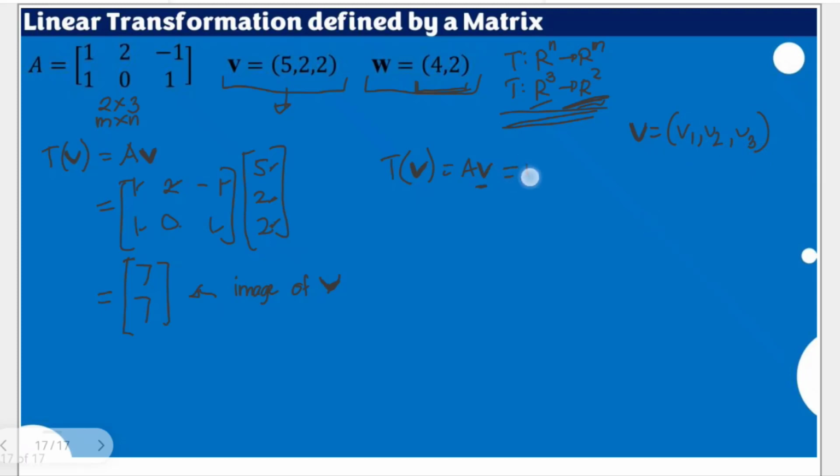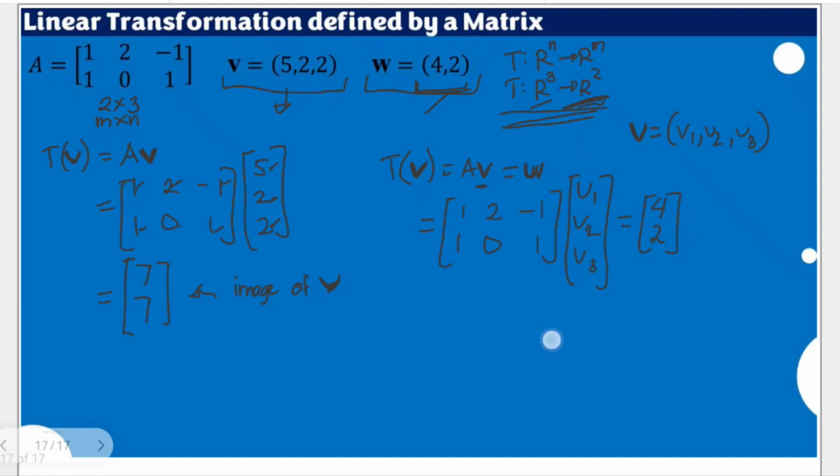This would be equal to our certain w. So we will have here this matrix, 1, 2, negative 1, 1, 0, 1, times again our certain vector v sub 1, v sub 2, v sub 3. We're going to solve for the components here, equal to our vector w, which is 4 and 2.